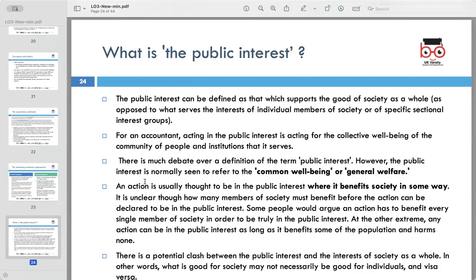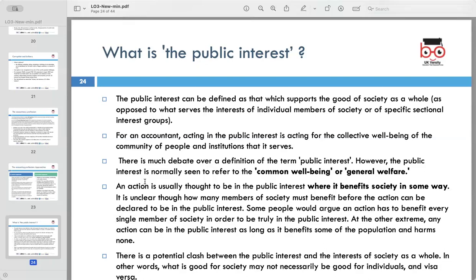Yes, that's correct. Basically, the concept of the public interest pertains to actions or decisions that support the collective well-being of society as a whole, rather than serving individual or sectional interests. So acting in the public interest entails prioritizing the common good over narrow interests, benefiting the broader community of people and institutions. However, defining the public interest is complex and subject to debate, in terms of law as well.